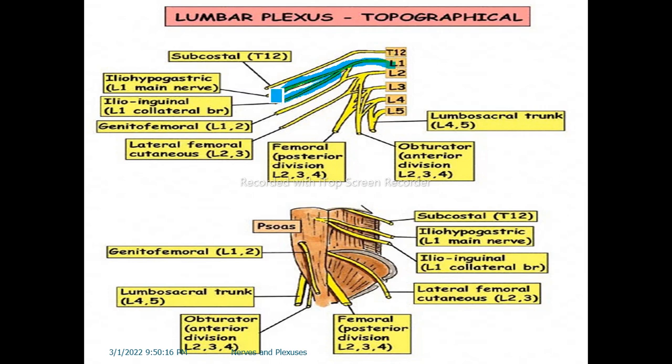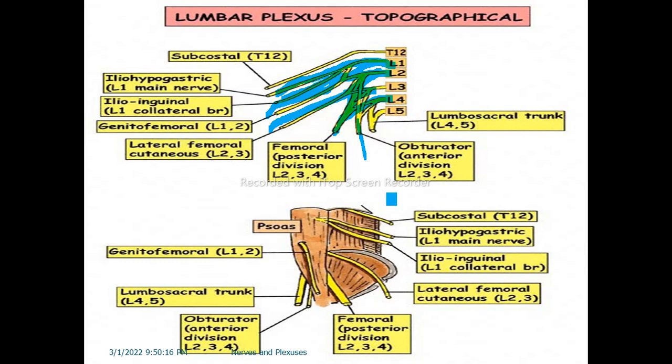Genitofemoral nerve arises from lumbar 1 and lumbar 2, and the lateral cutaneous nerve of the thigh arises from lumbar 2 and lumbar 3. The posterior division, from lumbar 2, 3, 4, is known as the femoral nerve, whereas the anterior division from lumbar 2, 3, 4 forms the obturator nerve, and the lumbosacral trunk arises from lumbar 4 and lumbar 5.